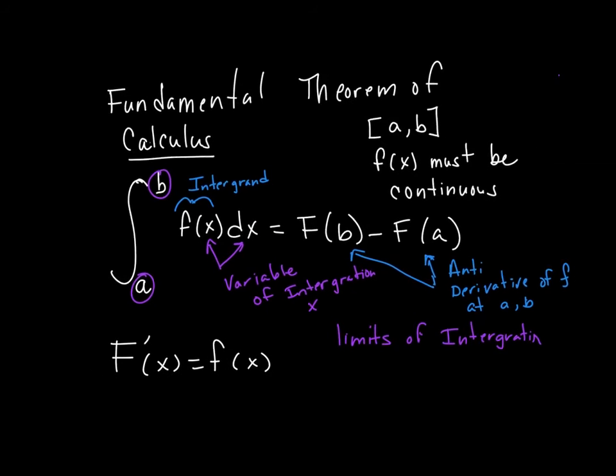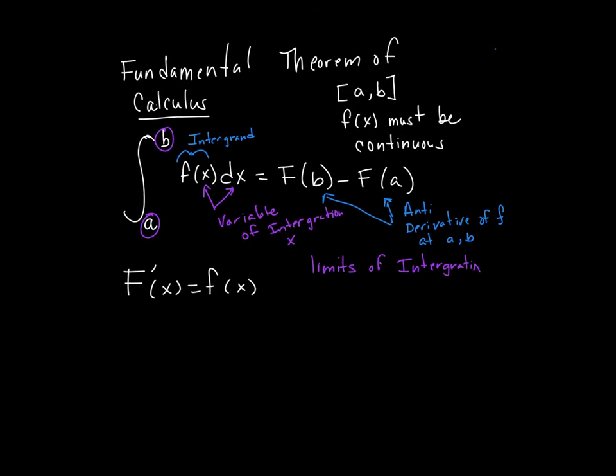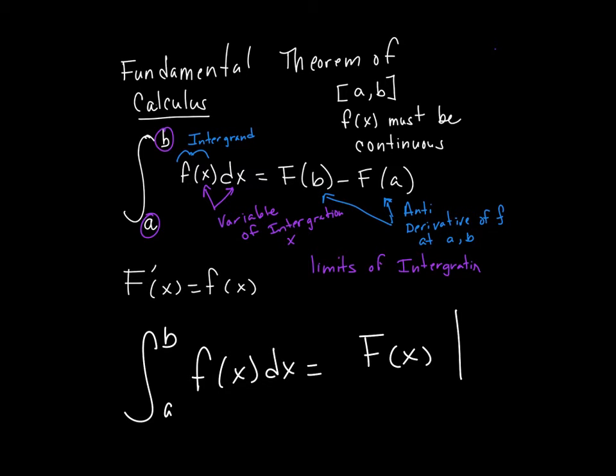One notation that we'll see a lot is that the integral from B to A of f of x dx is equal to F of x evaluated from B to A. Again, the notation is saying this is the antiderivative, so F prime of x is equal to f of x. This means I've already taken the integration, and now I plug in and subtract b minus a.